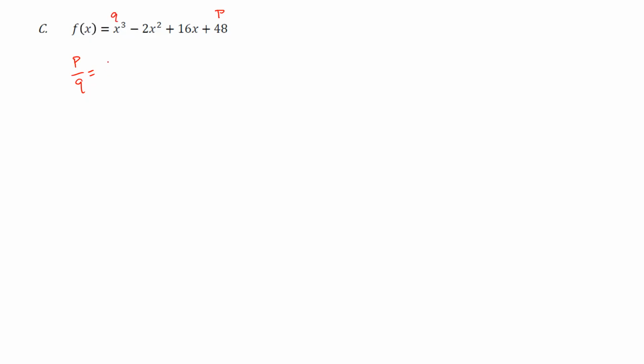So in other words, we are going to take the factors of 48, which are 1, 2, 3, 4, 6, 8, 12, 16, 24, and 48, and divide that by the factors of q, which is just 1.